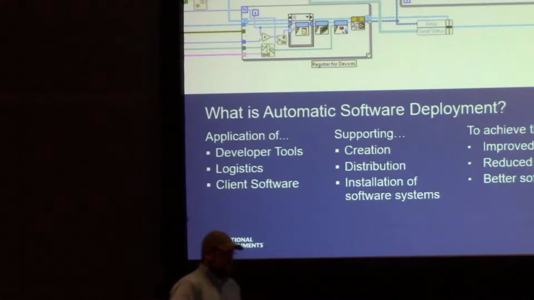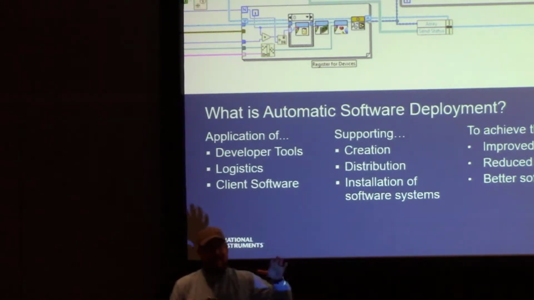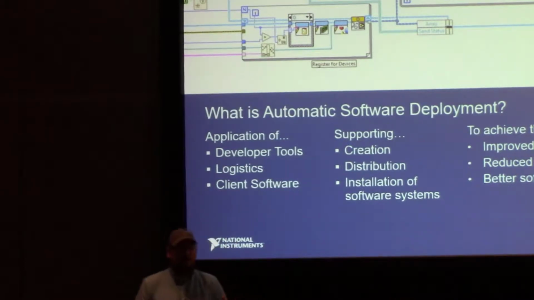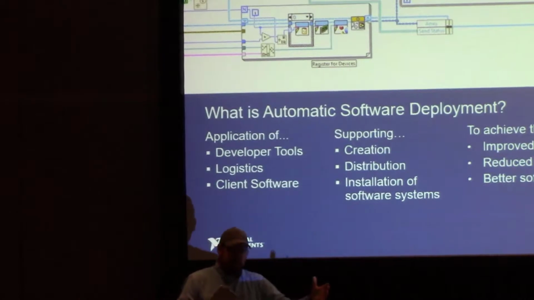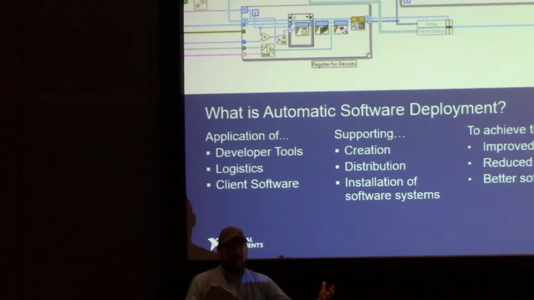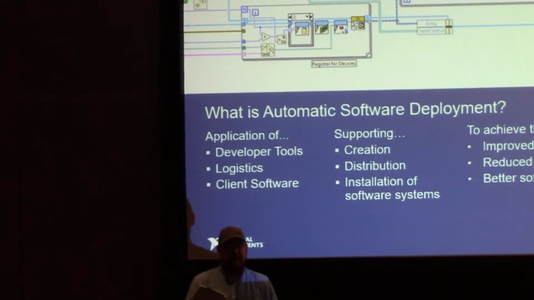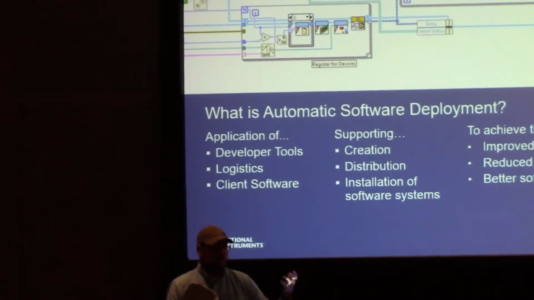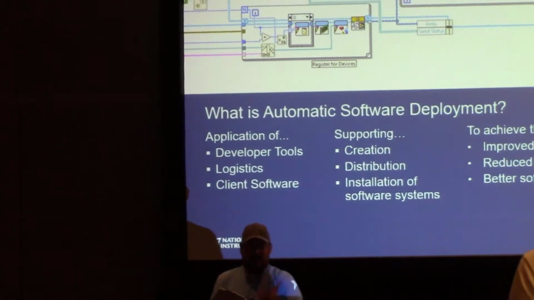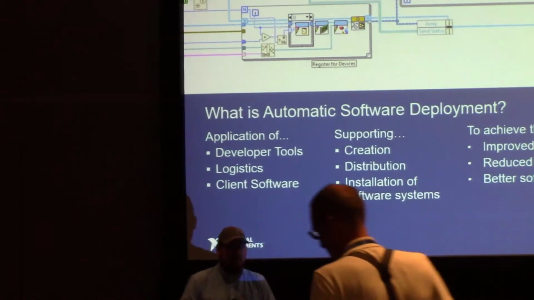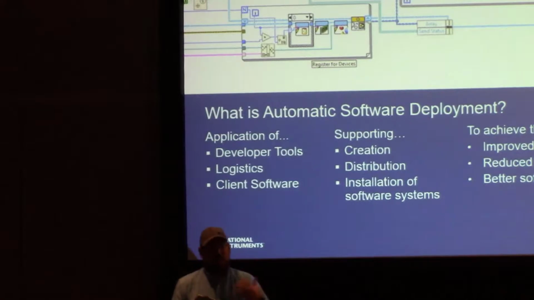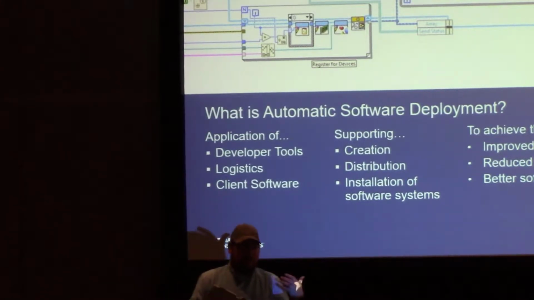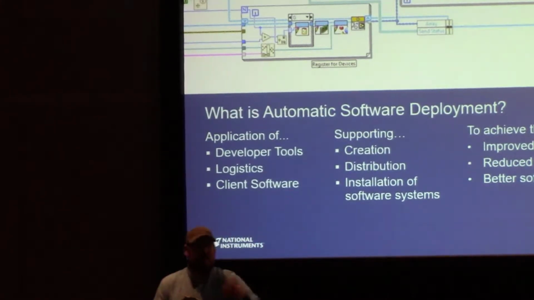So there's three parts to building an automatic software deployment system, and let me define that concept for a second. When you talk about automatic software deployment, I'm talking about the process of a developer or a team of developers writing an update or a feature add to a body of already existing and deployed code and providing that change to the customer in either a fully automated or at least a semi-automated process, meaning that they don't need to be involved in the entire process of doing the update at the customer's machine.